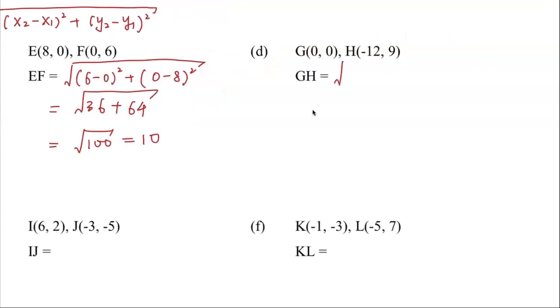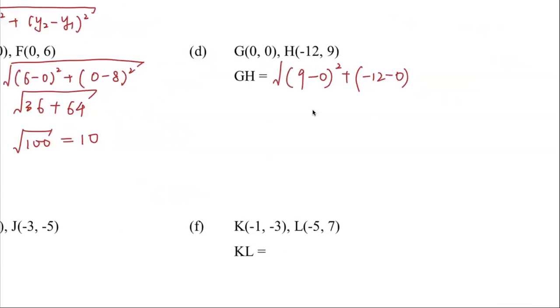So GH is the square root of (9 minus 0) squared plus (minus 12 minus 0) squared. 9 minus 0 is 9, and 9 squared is 81. Minus 12 minus 0 is minus 12, and minus 12 squared is 144. 144 plus 81 is 225, and remember, 15 squared is 225. So the square root of 225 is 15.